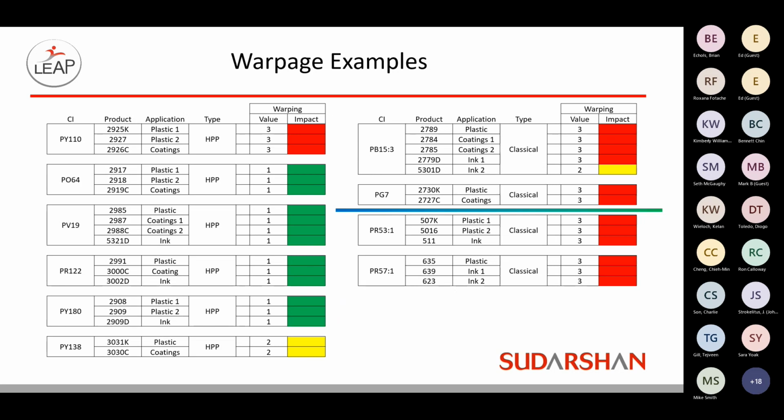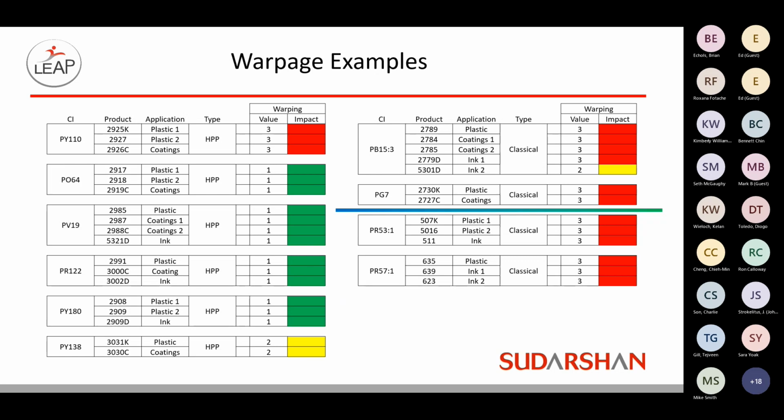So going back to our chemistry choices, we see here that on the high performance side, pigment yellow 110 is not an appropriate chemistry for this particular technical property. However, the remaining high performance pigments in the study have a very good response to warpage.